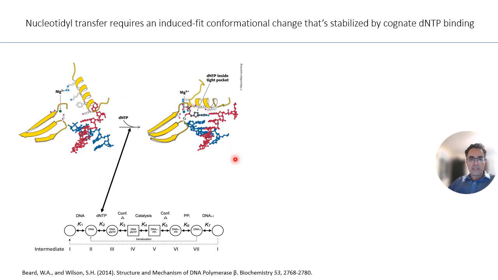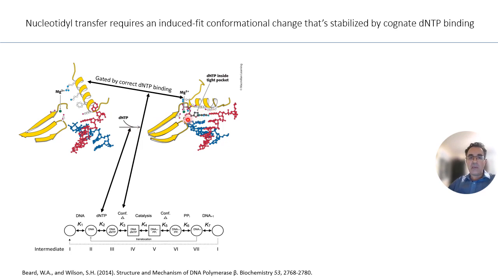So let's take a closer look at the conformational changes that are occurring upon nucleotide binding. Once a nucleotide binds into the active site, if there is a correct nucleotide that gets bound, then there will be a conformational change that occurs in which this helix from the finger domain swings down into position and locks the dNTP substrate into the active site.